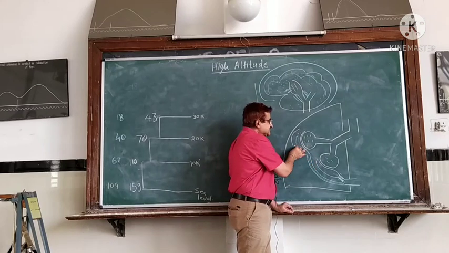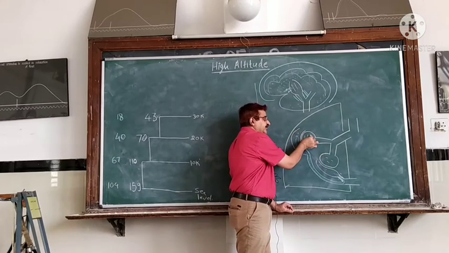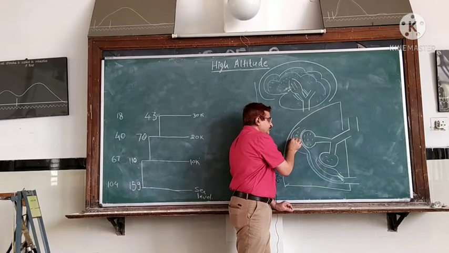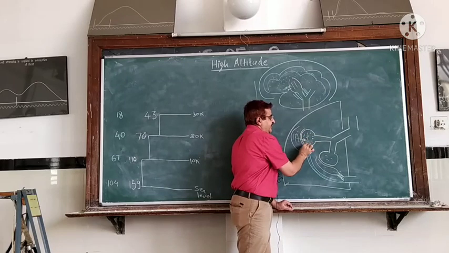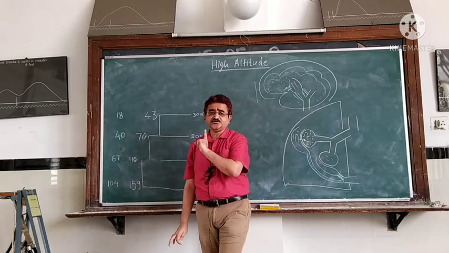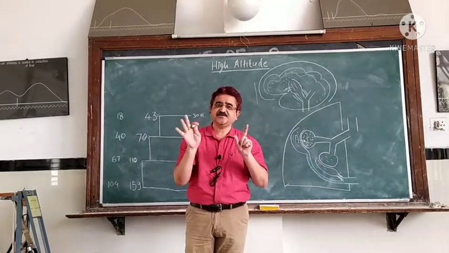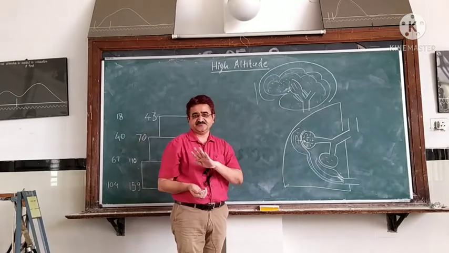So more blood is diverted to the capillaries of the properly ventilated alveoli. More blood is accumulated, more filtration occurs, and there is the development of what? Pulmonary edema. Pulmonary edema is not uniform; it is a patchy edema, and that is responsible for the difficulty in breathing.